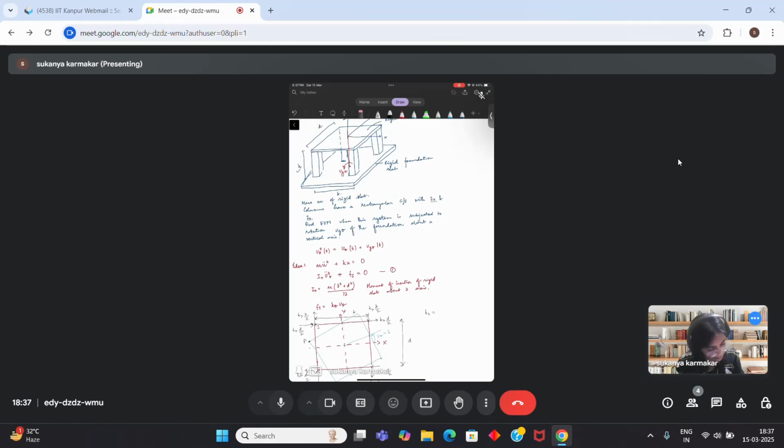So let's assume that the cross section of the column is like this: this is x, this is y. When bending about the x-axis, the moment of inertia is Ix. When bending about the y-axis, the moment of inertia is Iy.